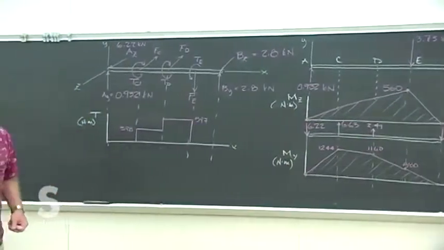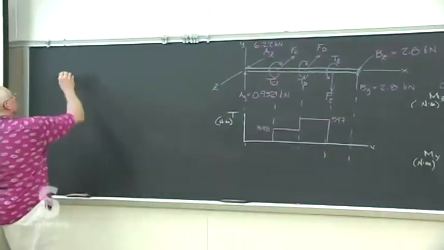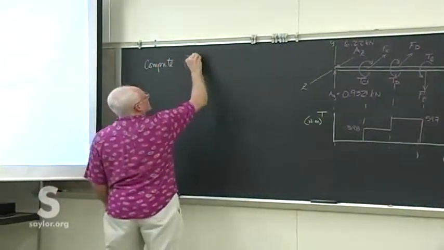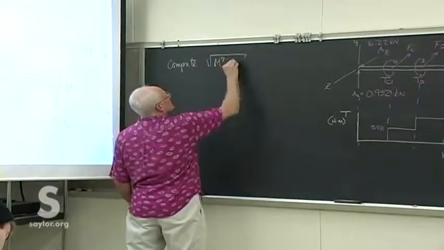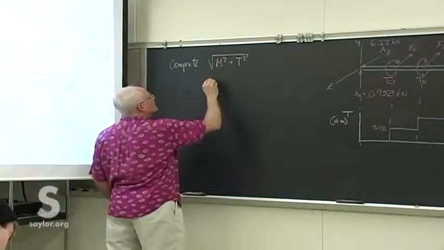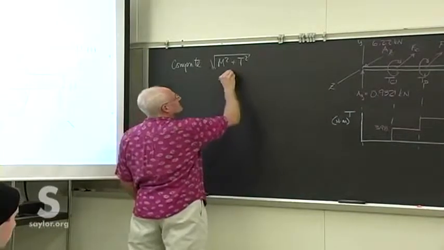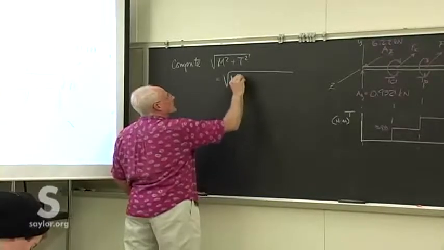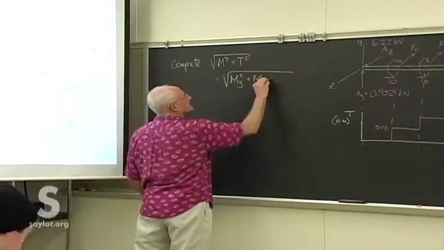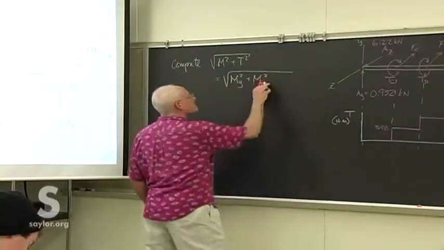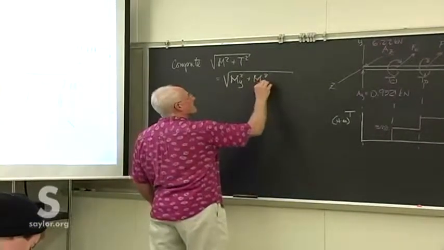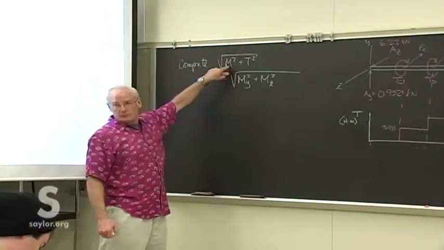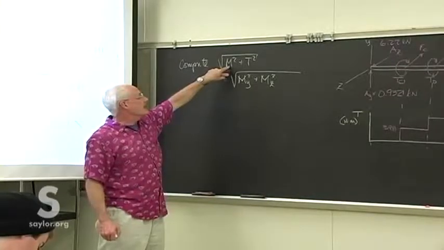Okay. So we want to compute then this quantity M squared plus T squared, which equals MY squared plus MZ squared. Remember, those two together, we're calling this just a simple M, the net moment.